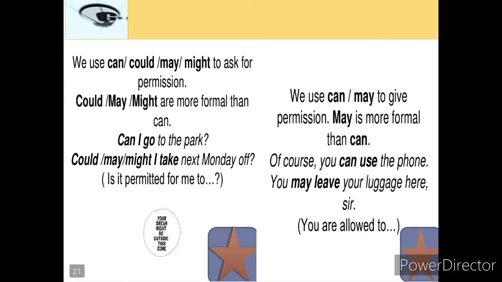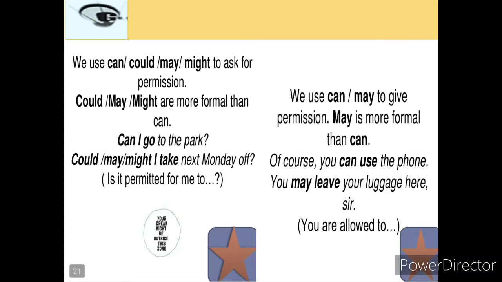Can I go to the park? It's informal. But when you use could in place of can, it's more formal. Could, may, might I take next Monday off? Is it permitted for me to? So it's a formal way of asking if you could do that.